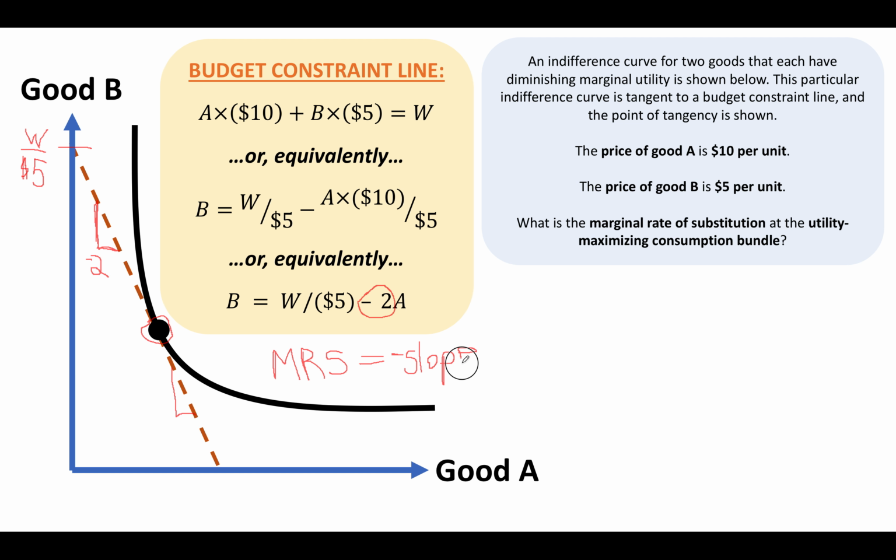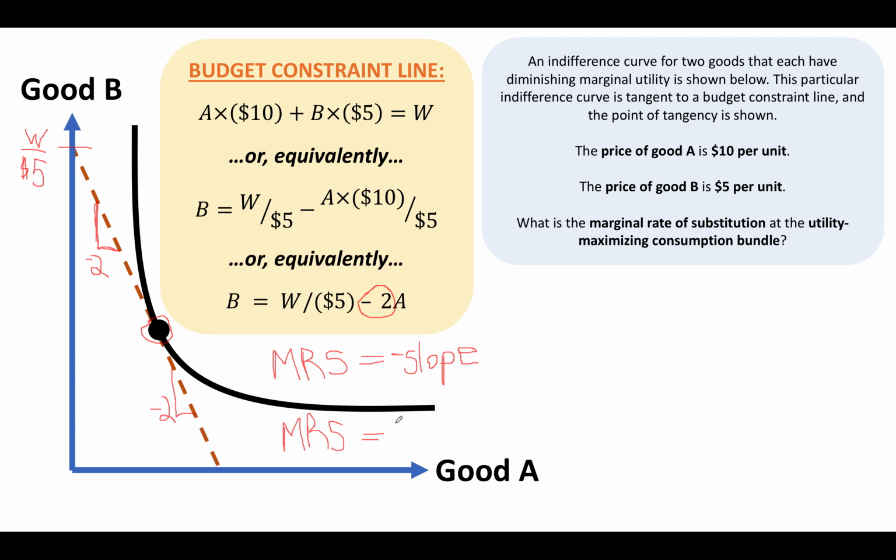So just conventionally, we take the negative of this, but so that the tangent here, so this is -2. We know that this tangent line is -2. We also know the budget constraint line is a tangent line, so of course, because they're the same line, they have the same slope, so our MRS is equal to 2. So that's where we get the 2 here.